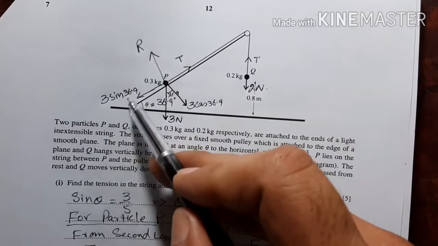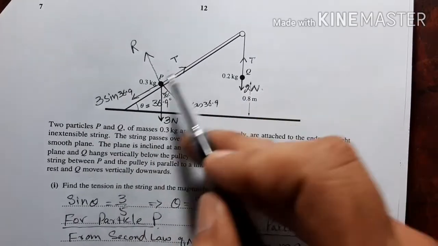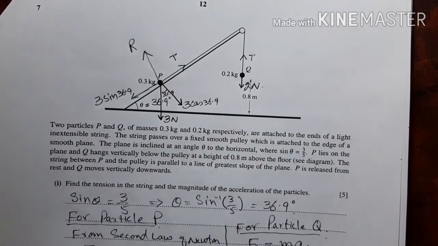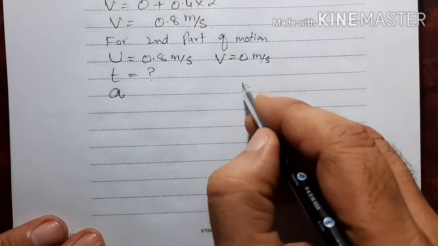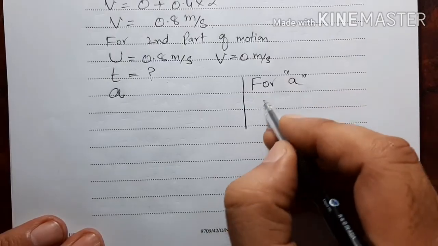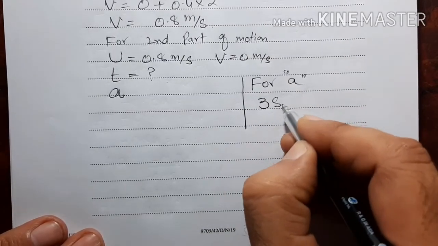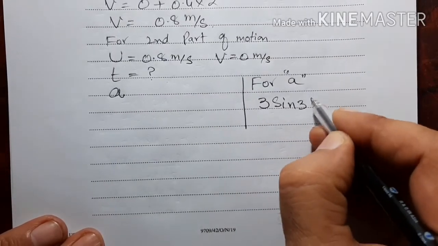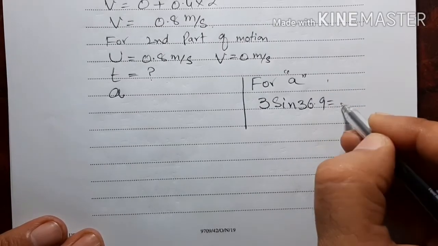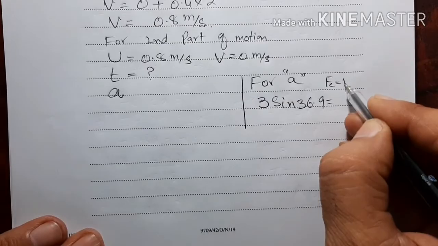So this force is equal to ma. For this we will use this relation for the acceleration of the particle in the second part of the journey. 3 sine 36.9 is equal to F is equal to ma.